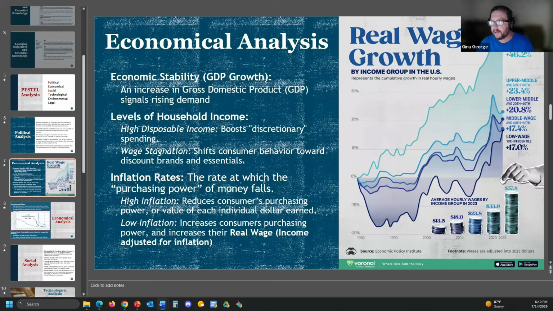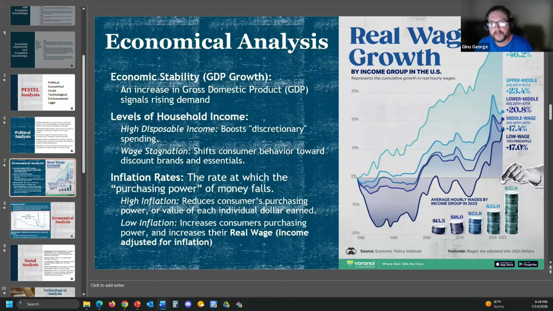So that economic part of this PESTEL analysis, there's a real influence there. People can't buy as much if inflation is high. You can't buy as much if wages are stagnant, right? But on the other side of that, if inflation is down, if disposable income is up, you can sell a lot more of your product.